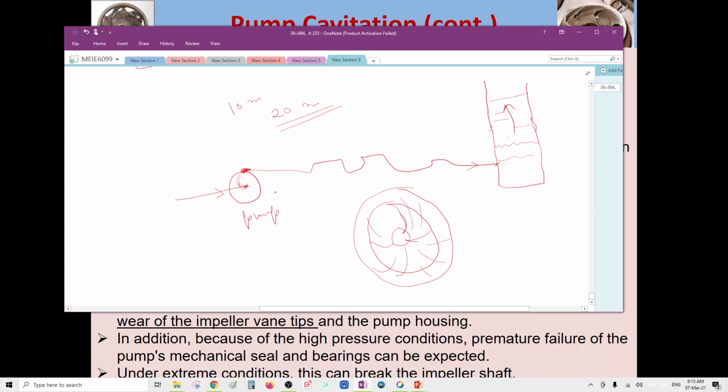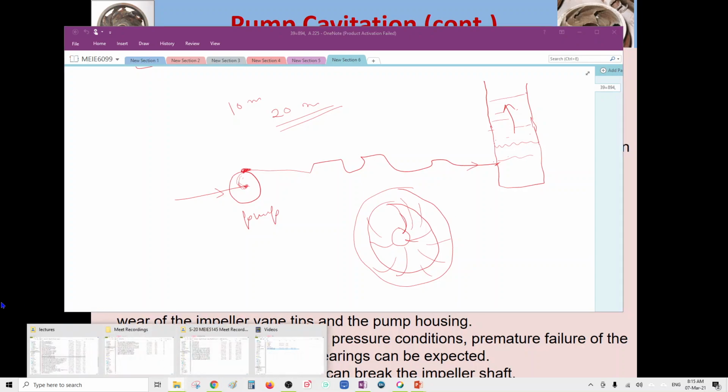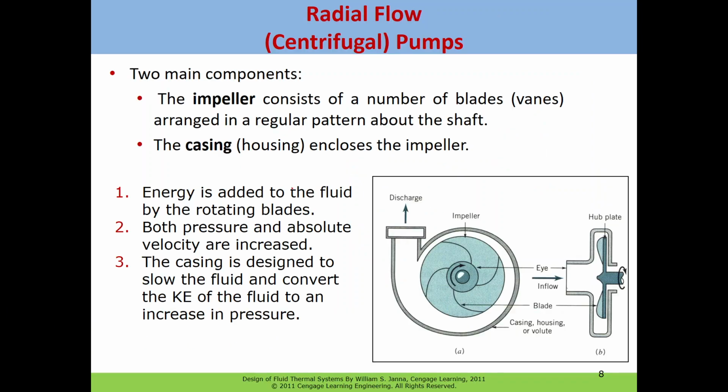I will show this to you through a diagram. Here is the fluid which is going into the pump at this point, and from here it comes here, and then it goes out radially here.